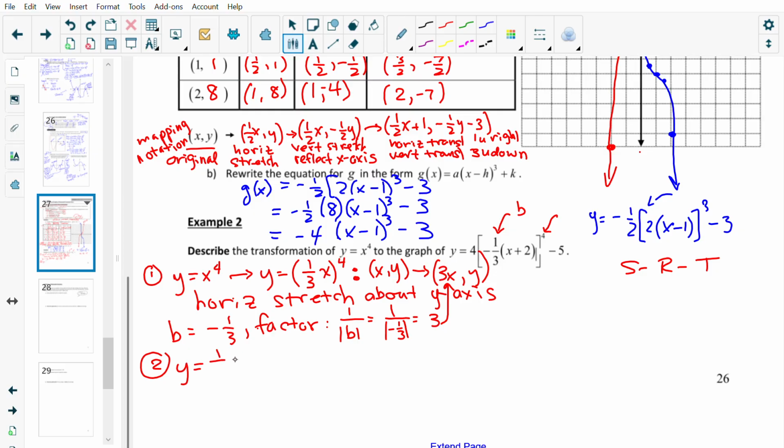Okay. Part 2. We take y equals 1/3 x to the fourth, and then we're transforming it with a vertical stretch of 4. Let me write this properly.